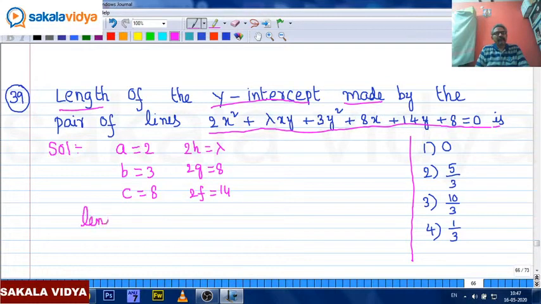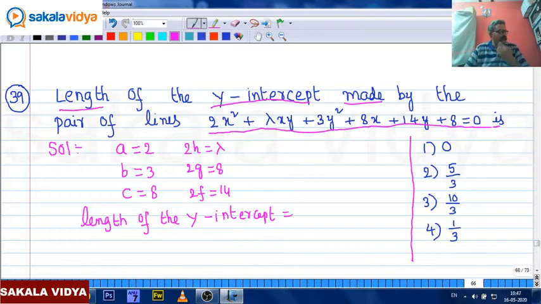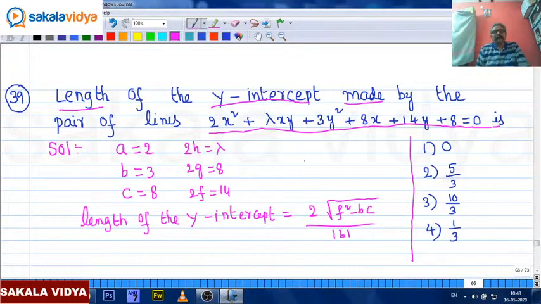Now length of the y-intercept. What is the formula to find out length of the y-intercept? That is 2 root of f square minus bc by mod b. So that we can write here now.